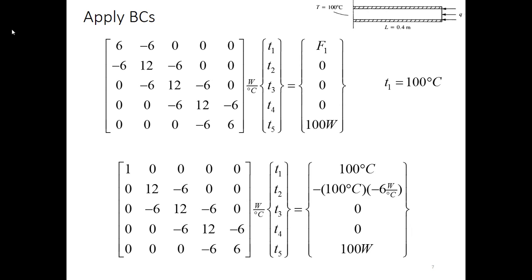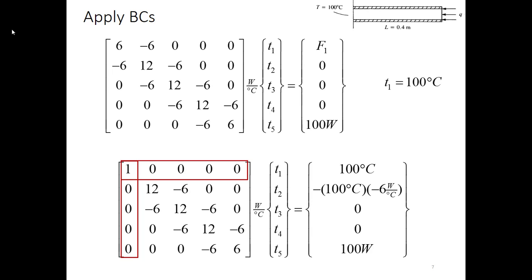This is the resulting modified conduction matrix and load vector. What's happened here is that the first row and column have been changed to all zeros except a 1 on the diagonal, so that the first row now just reads T1 equals 100 degrees C. So I've lost F1. I've removed that information from this problem. But in addition, in the second row, I've changed the right-hand side.